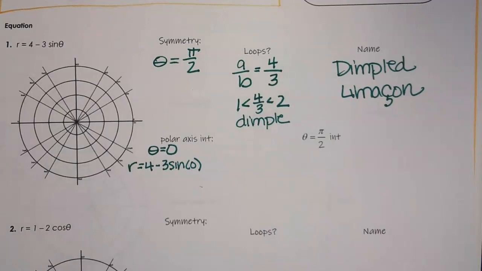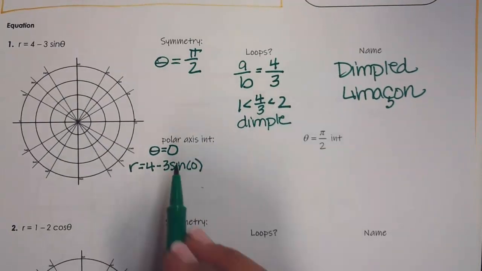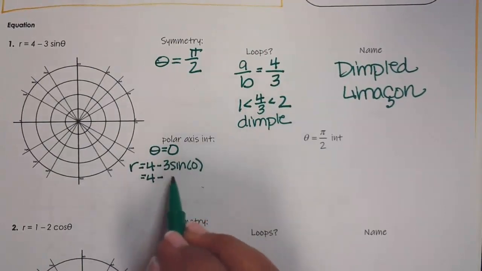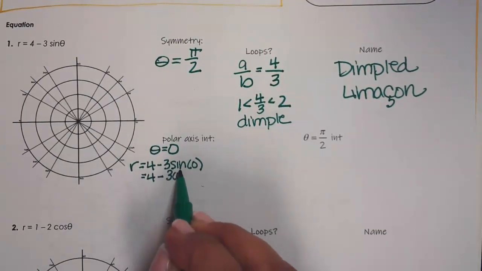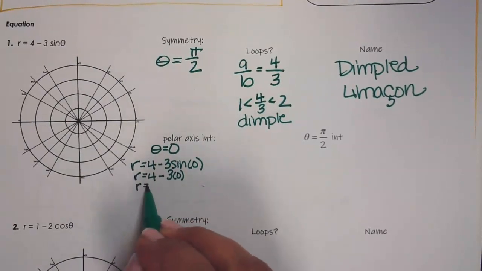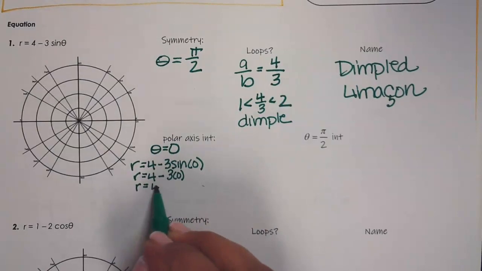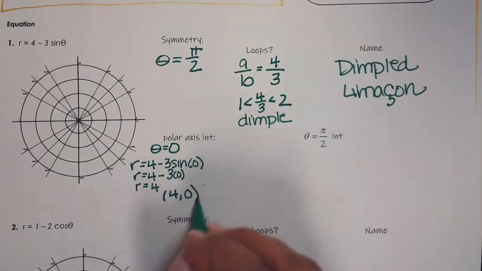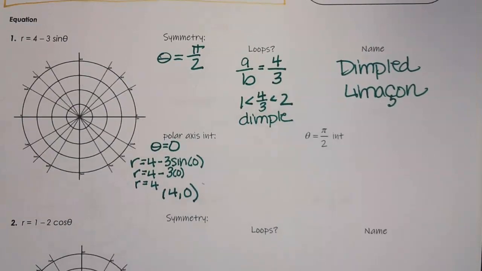We won't write this out every time, but I just want to make sure you remember where we got these points from, okay? And what is the sine of 0? 0. So we have 4 minus 3 times 0, which is just r equals 4, okay? So that means we're going to have a point at 4, 0. Remember, our points in polar land are r, theta.